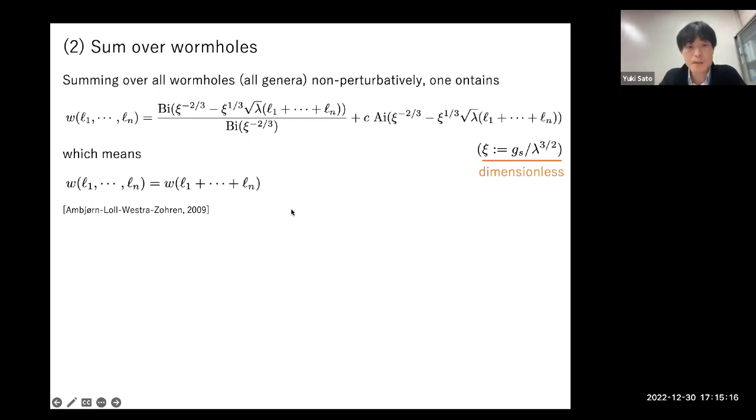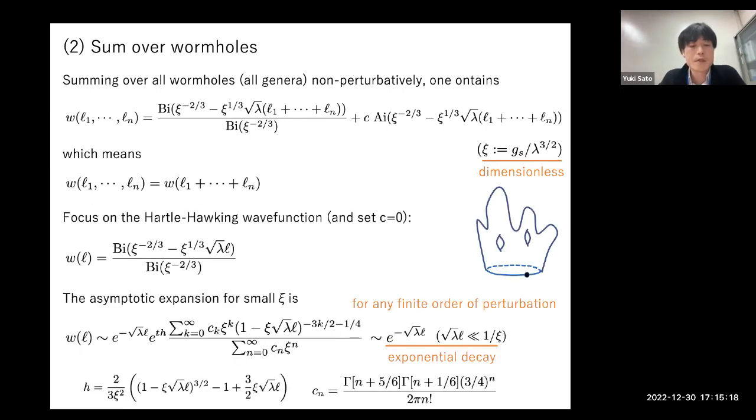Okay, and then among these, I just focus on the single loop function, which is the Hartle-Hawking wave function. So graphically written like this, but this wave function includes all possible configurations of the wormholes and the baby universes non-perturbatively. And this is expressed by the Airy function.